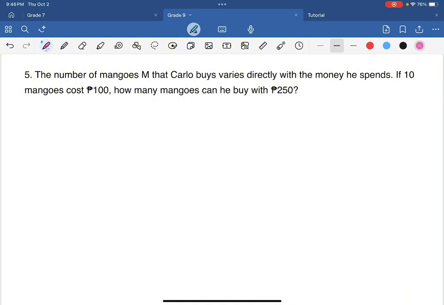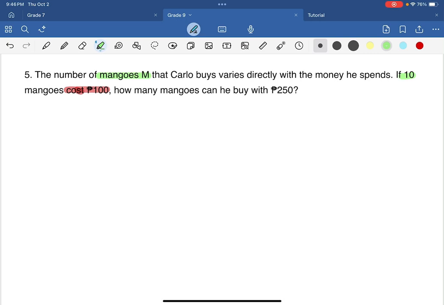For mangoes, we have M, and of course for the cost is C. So for the cost here, we have 100 pesos, and for the number of mangoes that Carlo buys is 10.